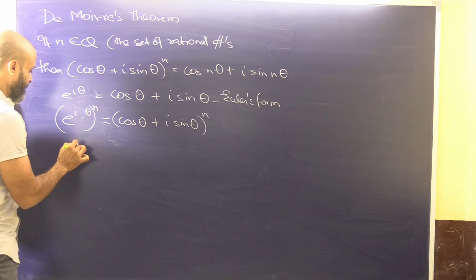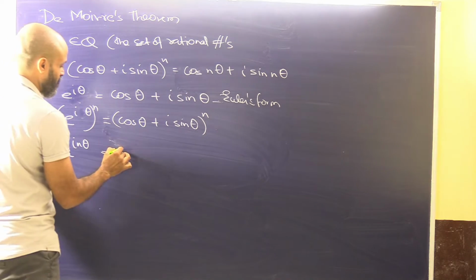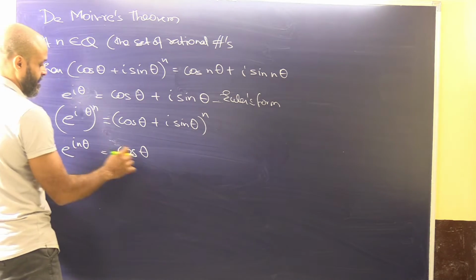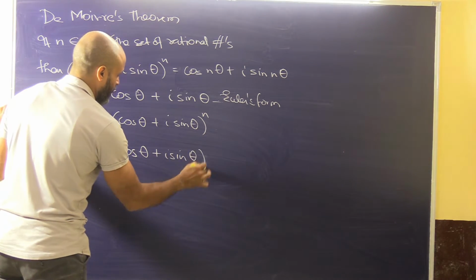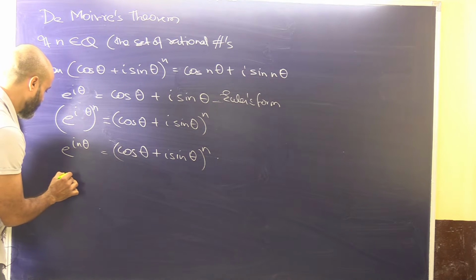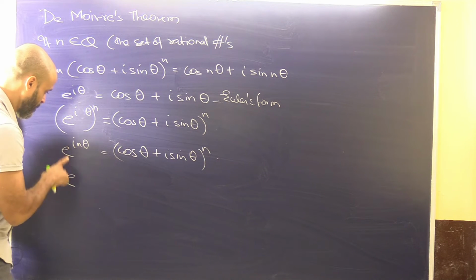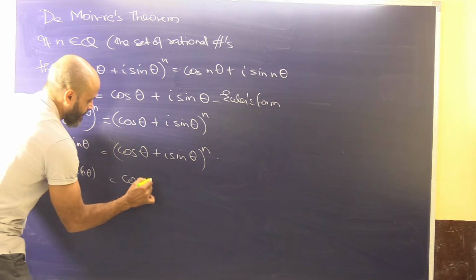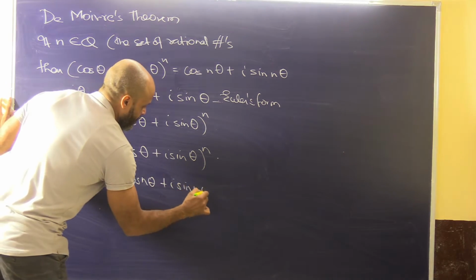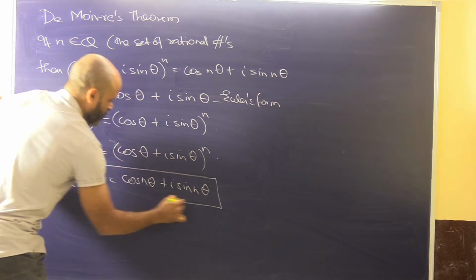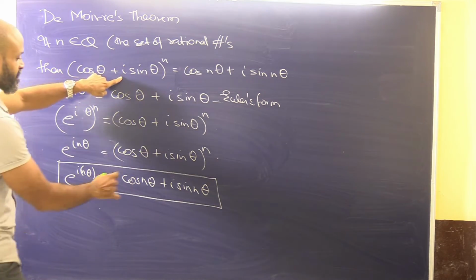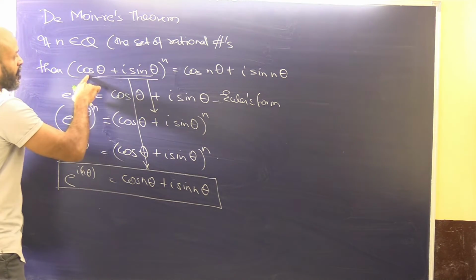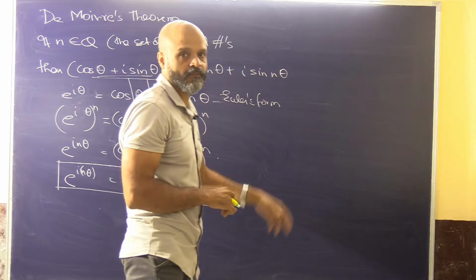Here we can write e^(i n theta), and n theta becomes the angle, so we can say cos n theta plus i sin n theta. So we can say that this is equal to this. So (cos theta plus i sin theta) to the power of n is cos n theta plus i sin n theta.